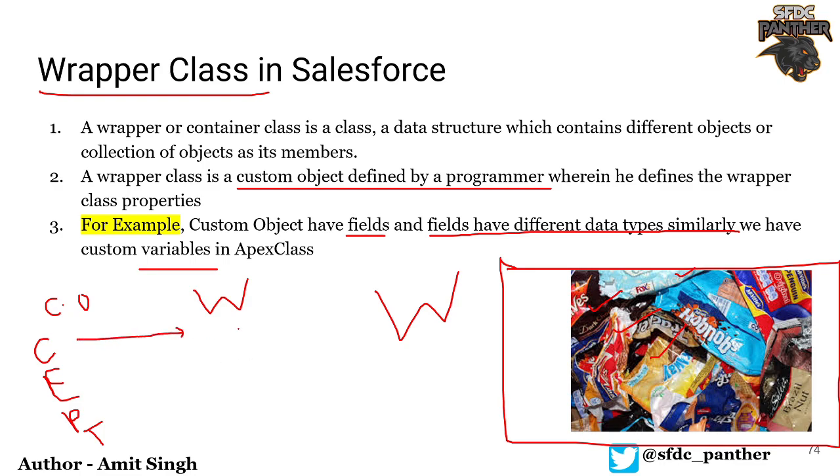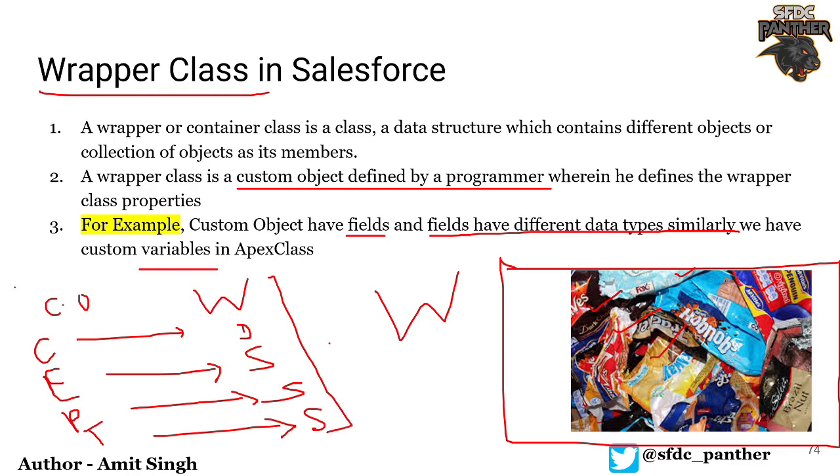To store this currency in the wrapper class, we can have a decimal. For email, we can have a string. For phone, again, we can have a string. For text area, we can have a string format. So that's how your wrapper class is also known as a custom object, which is defined by the developers in their code, not actually in the Salesforce system.